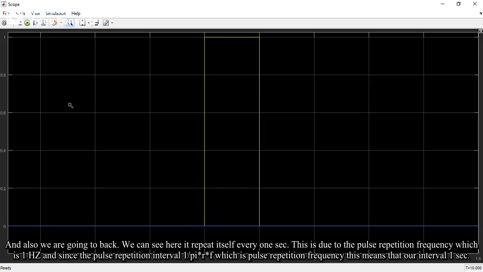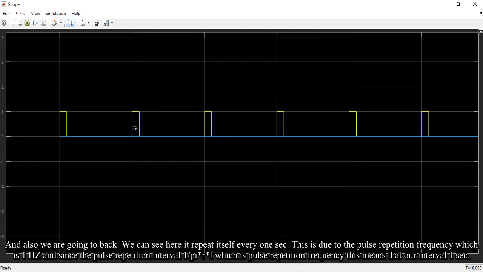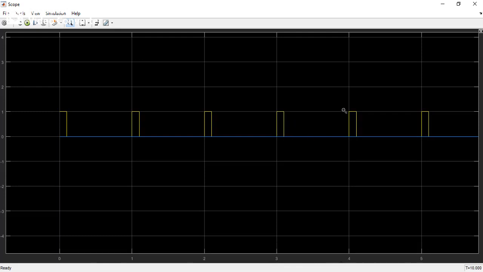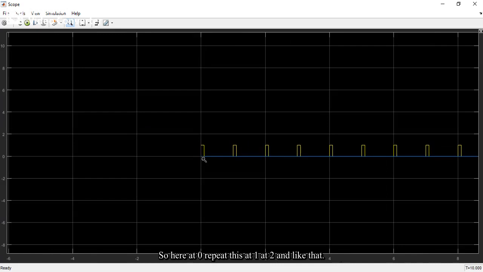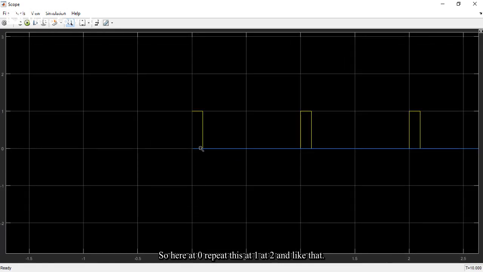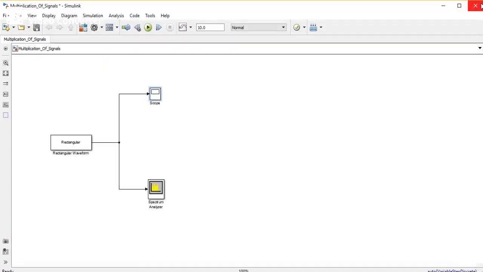And also by going back, we can see here that it repeats itself every 1 second. This is due to the pulse repetition frequency, which is 1 Hertz, and since the pulse repetition interval is 1 over PRF, this means that our interval is 1 second. So here at 0, and then it repeats itself at 1, and then at 2, and like that.